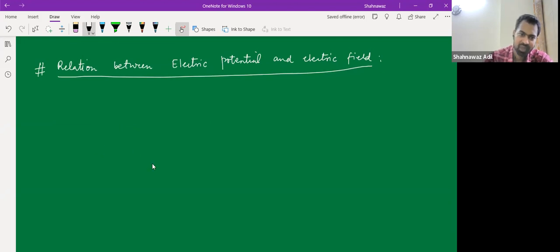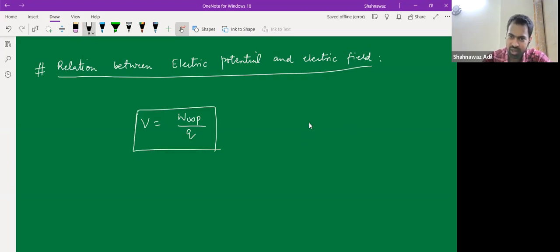Okay. So what we have learned so far: potential is work done in bringing a unit positive charge from infinity to a fixed point. This is the electric potential.